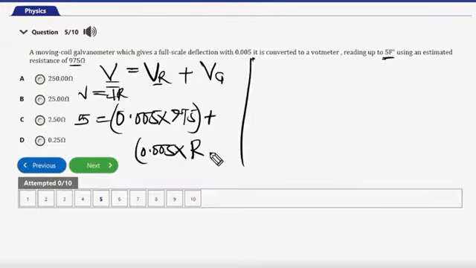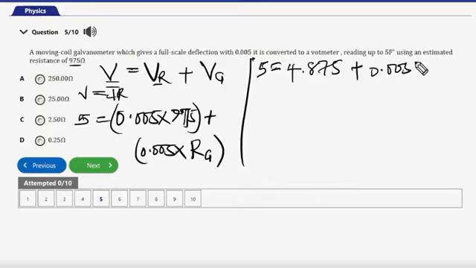In this case, we are going to multiply this out. So let's go ahead and do this here. We have 5 is equal to 0.005 times 975. That will give us 4.875, and then this will be plus 0.005 times RG, so 0.005 times the resistance of the galvanometer.